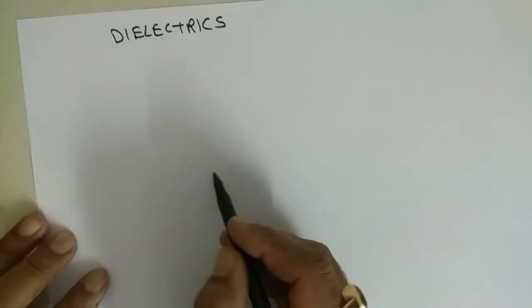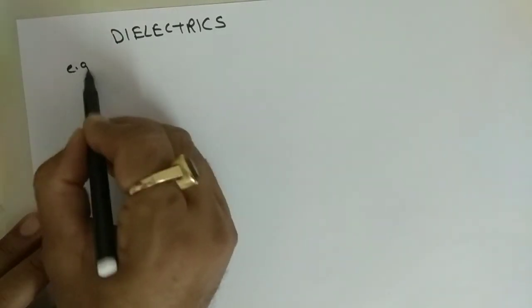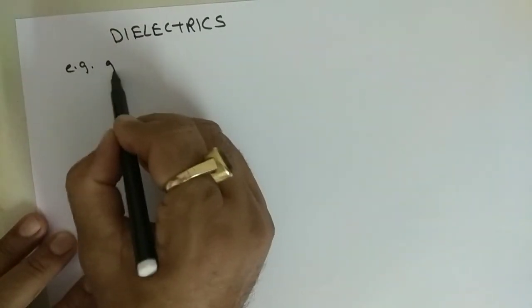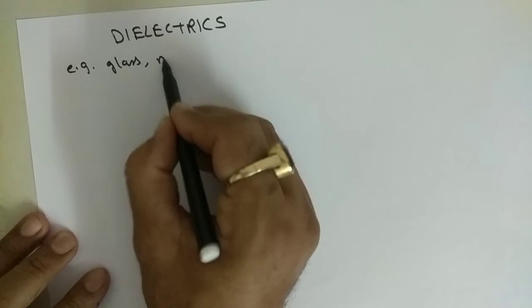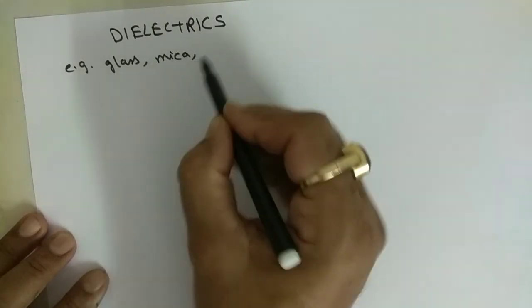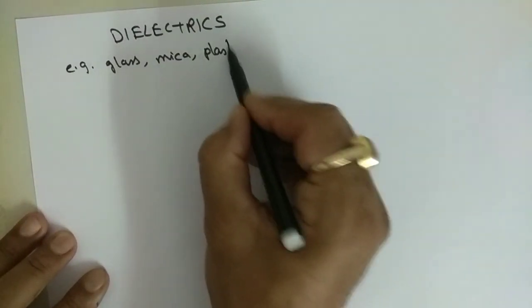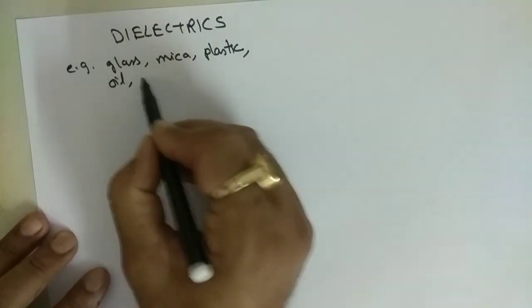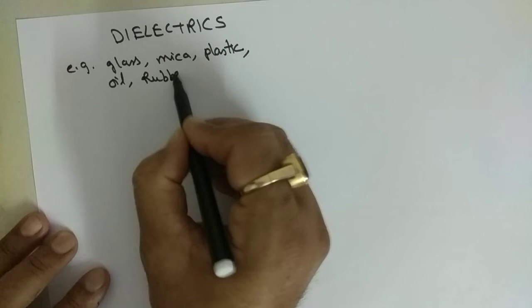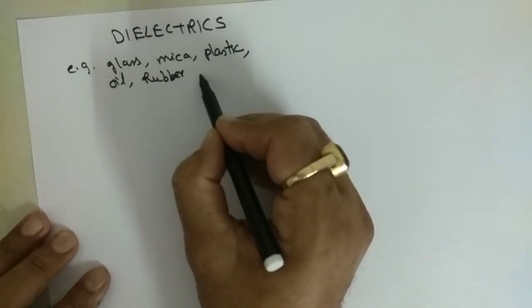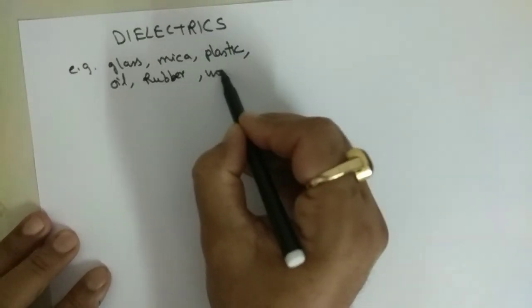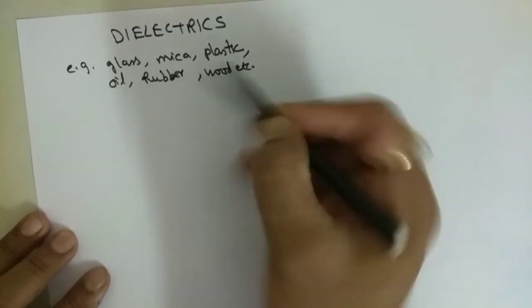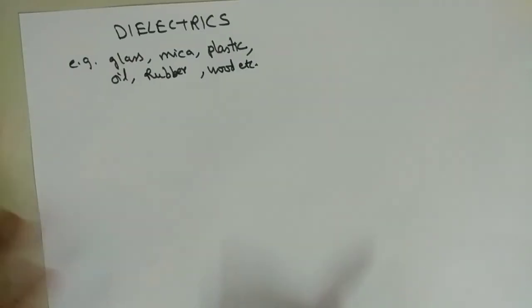For example, glass, mica, plastic, oil, rubber, and other examples like wood, etc. All these are examples of dielectrics.